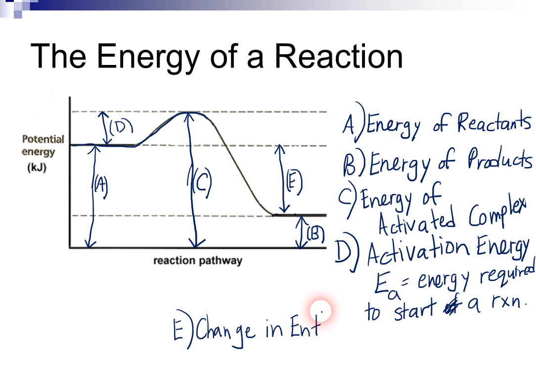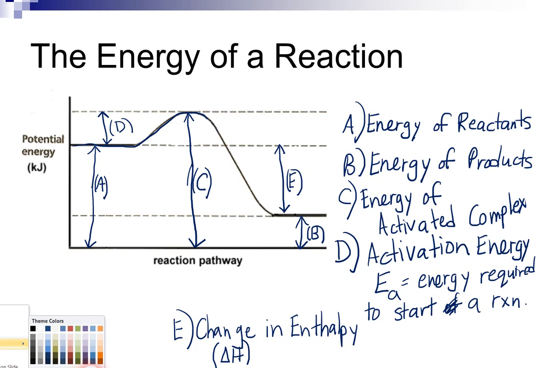It's the heat that's locked up in chemical bonds, as opposed to, say, friction type of heat that you get when you rub your hands together. Change in enthalpy, and we're going to label that as delta H, because change, of course, is delta, and then enthalpy, we have the H there for that. And so this is just the difference between the starting point and the ending point.